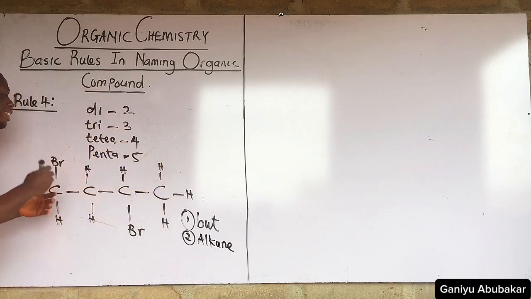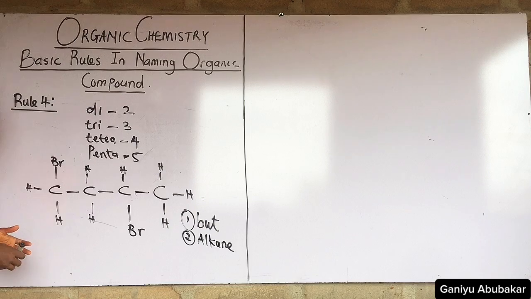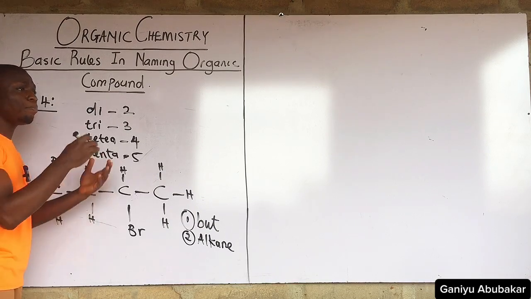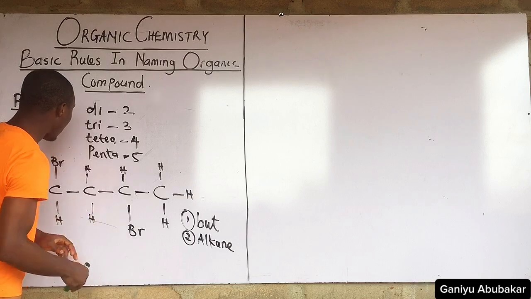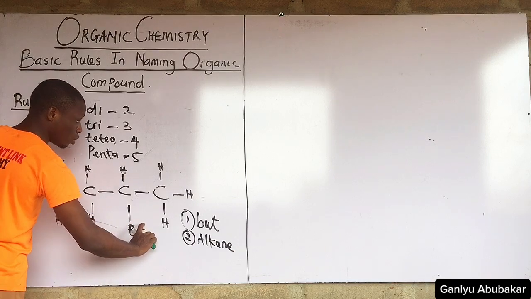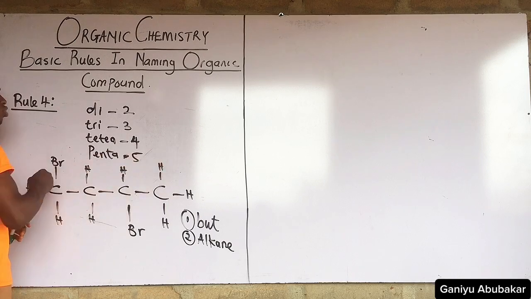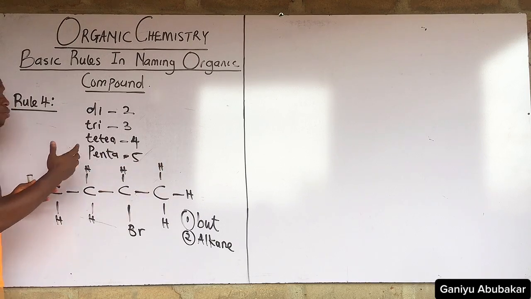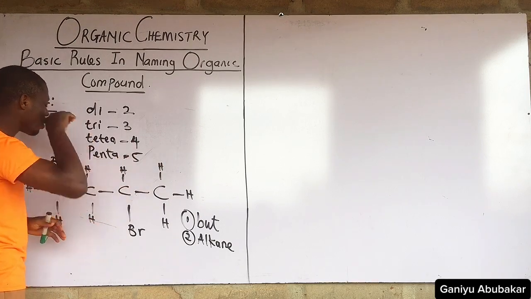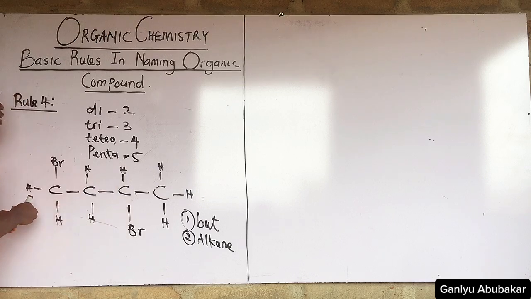Rule 3 says number the carbon atoms of the root hydrocarbon in a way that gives the lowest possible number to the substituent. I'll do my numbering upward and downward such that I have the least number for the substituent.